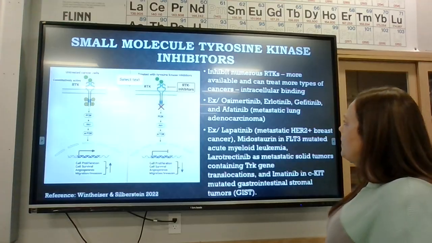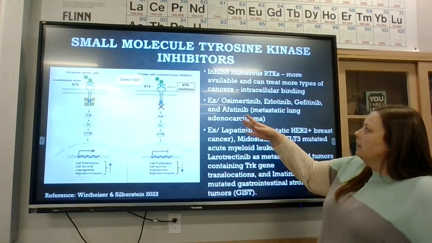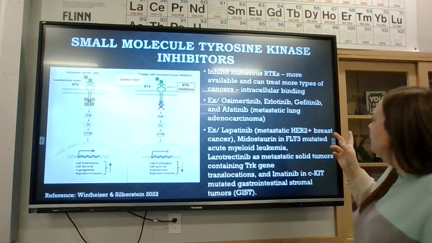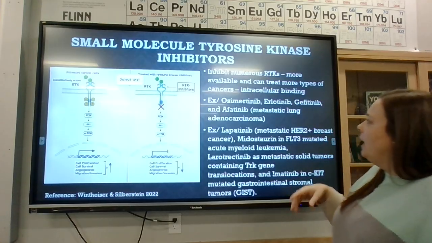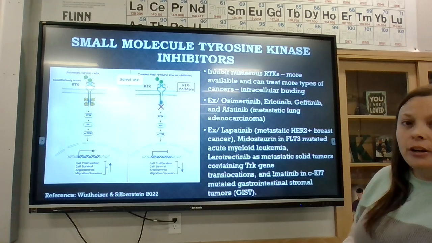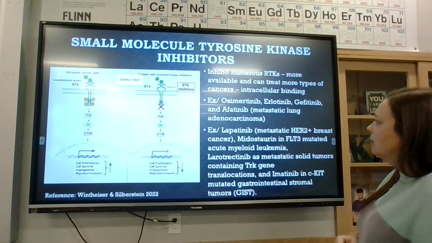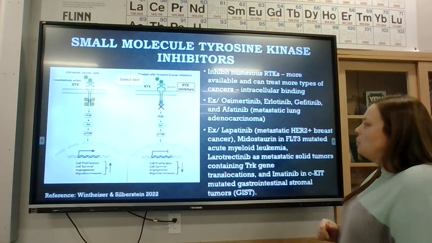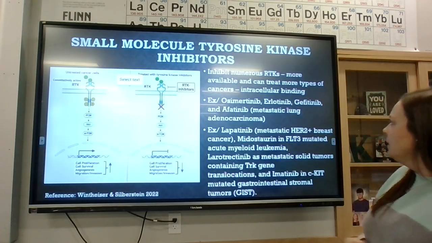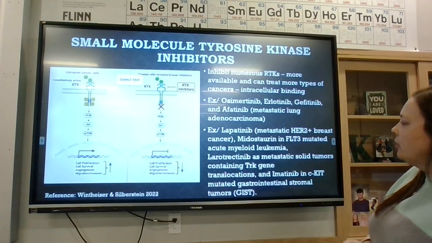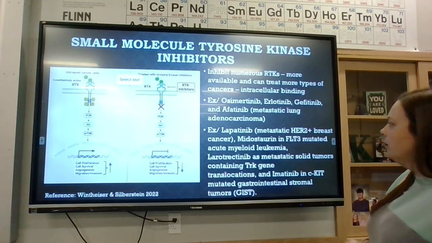And so some examples of that, and there's several here, are osimertinib, erlotinib, gefitinib, and afatinib, okay? Some of those are effective against metastatic lung adenocarcinoma, as well as lapatinib, which is used for metastatic HER2 positive breast cancer.